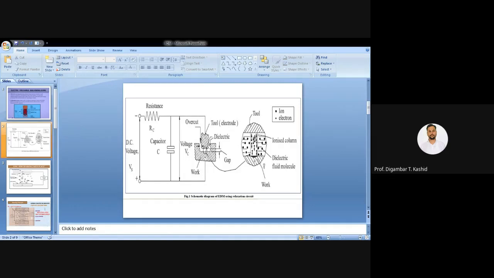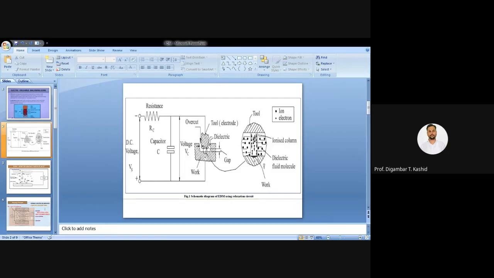So there is ionization taking place. There is a huge chunk of ionization. You can see here, as well as here, ionization.